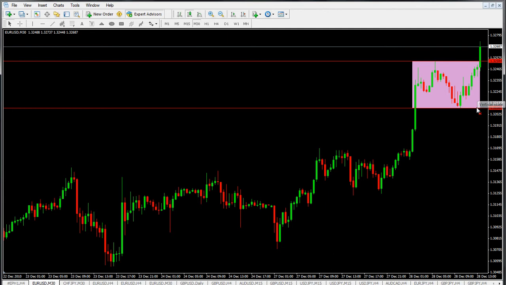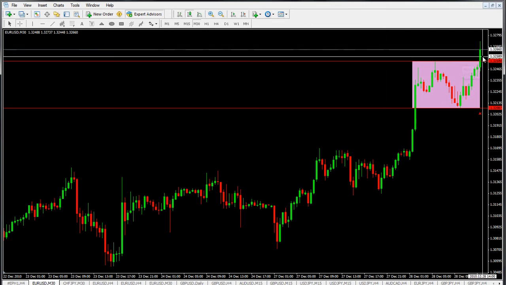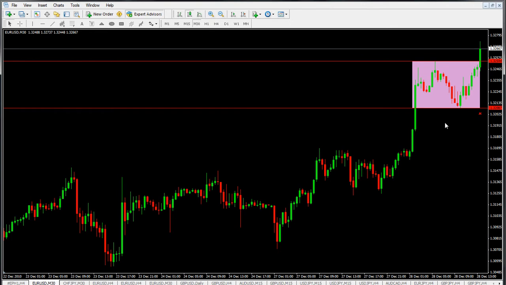So we don't want those moves to clean us out, I mean activate our stop loss when the market is moving against us, but only for a few minutes. Also, stop loss should cooperate with our profit. So if we are taking, let's say, about 55 pips of stop loss, we are aiming at 100 or 150 pips profit. That's the ratio in the strategy, which is very useful in order to profit from the markets over the long distance.